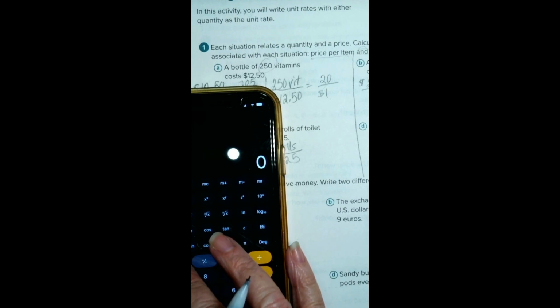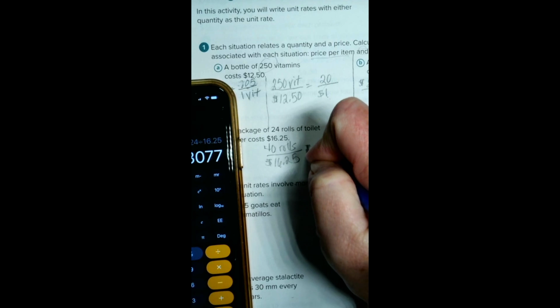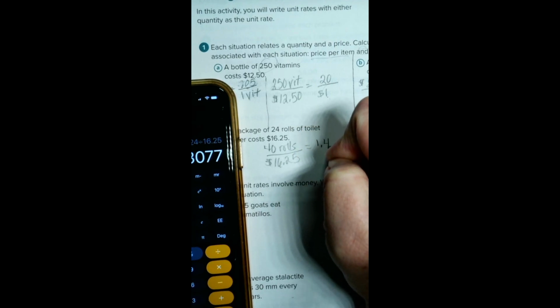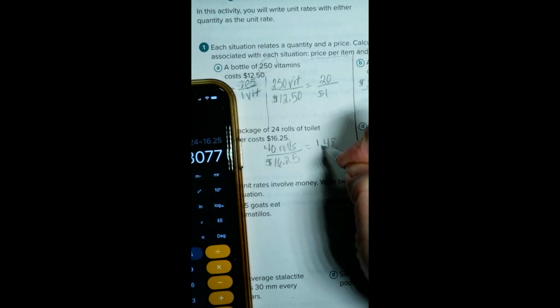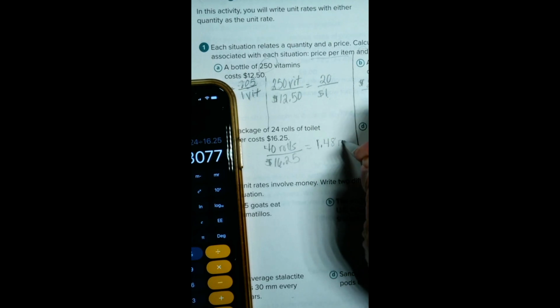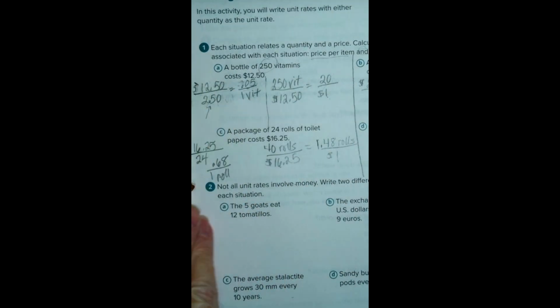I divided by the wrong number. It's 24 divided by 16.25. We get 1.47, rounding up, that 6 says to make that 7, and 8. 1.48 rolls per $1. In this case, this one would make more sense, I believe.